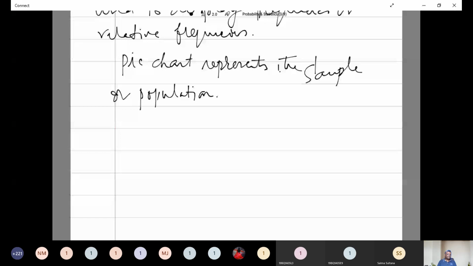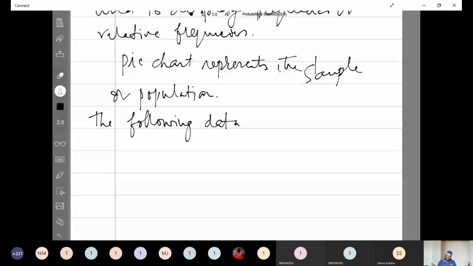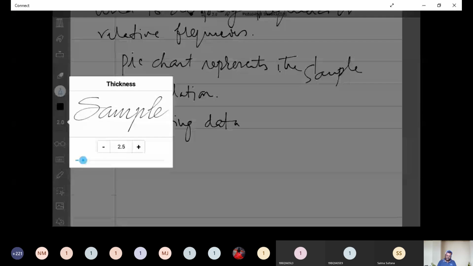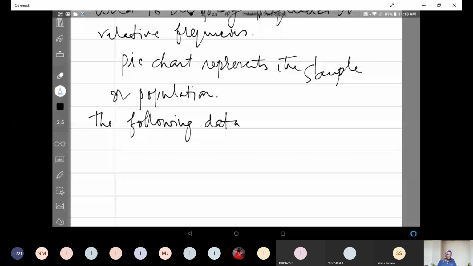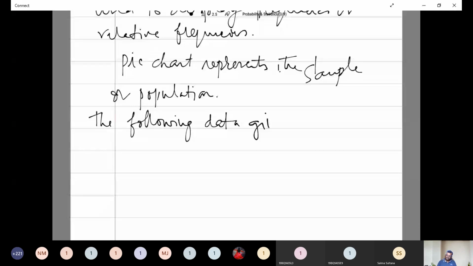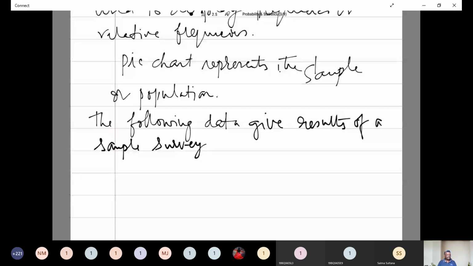The following data gives the results of a sample survey of three categories: A, B and C. These are the three categories.